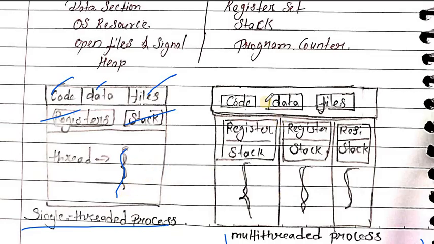But in a multi-threaded process, the code section, data section, and file section are common for all 3 threads, and each thread has its own register and stack. Registers and stacks are individual for each thread, but the code, data and file sections, which are large in size, are common for all threads. All these threads can access the data, code and files from the common shared section.